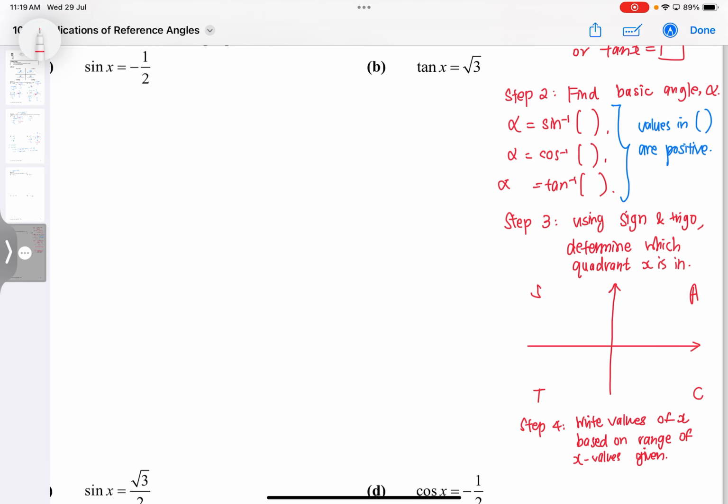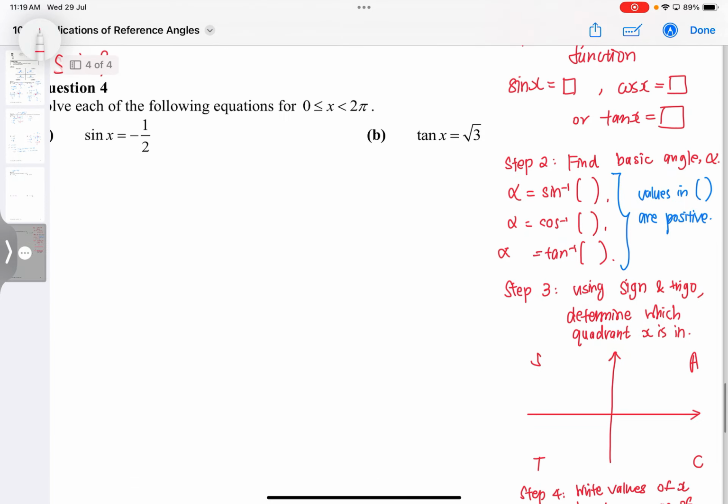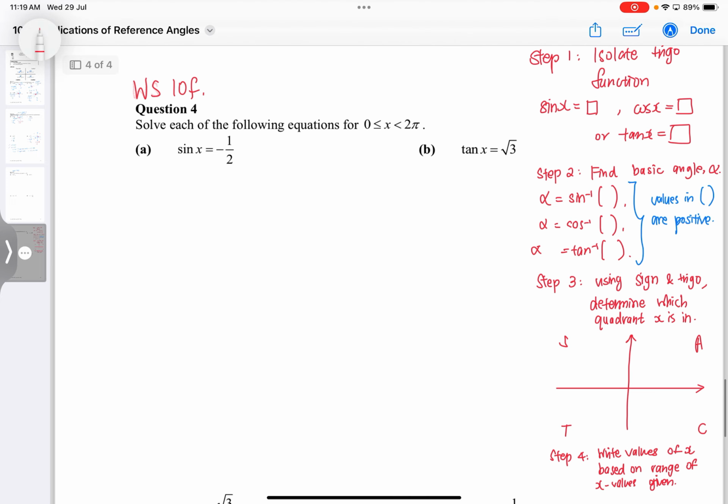If I change the range to negative 360 to 360, then my answers will double. Because you have to understand that the sine, cosine and tangent functions are periodic functions. So depending on the range that we look at, it will change. Step 1 is isolate the trigo function.